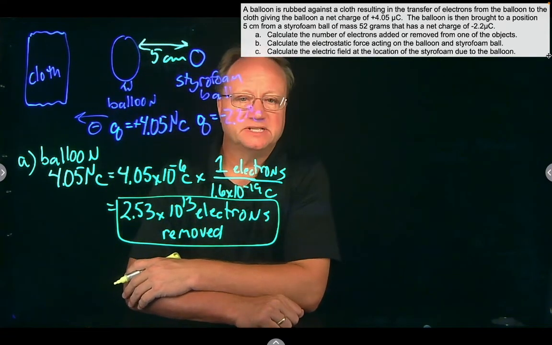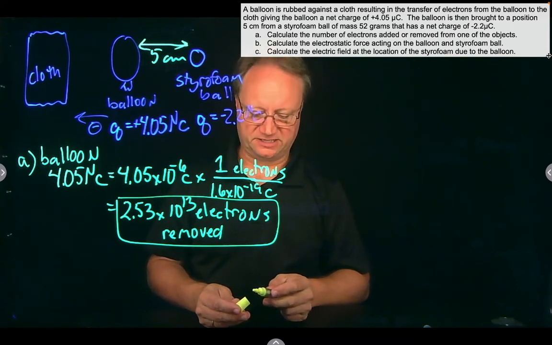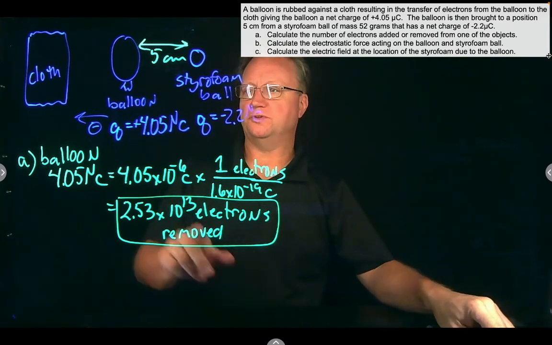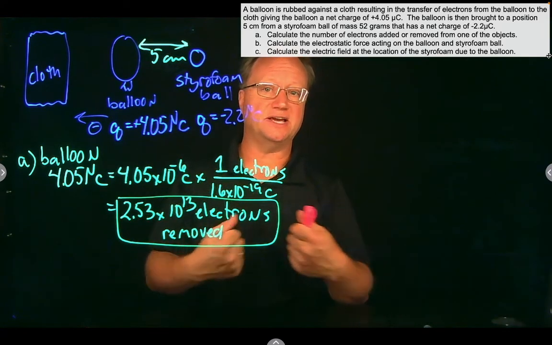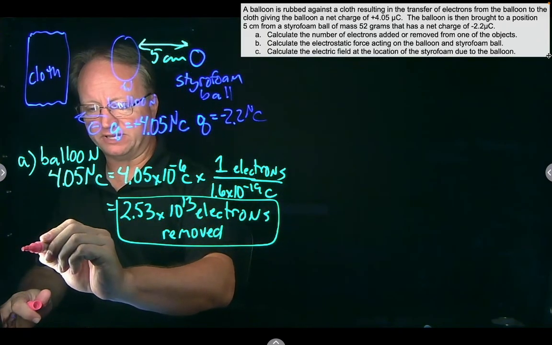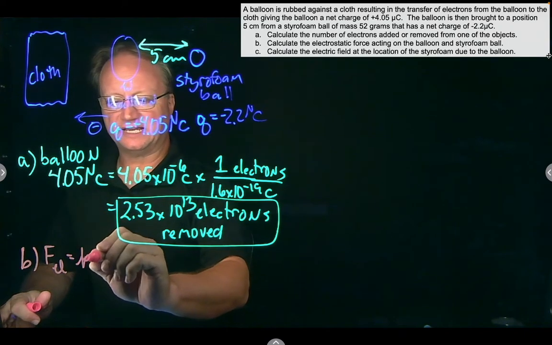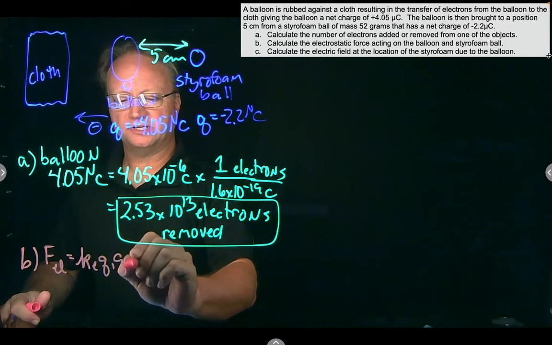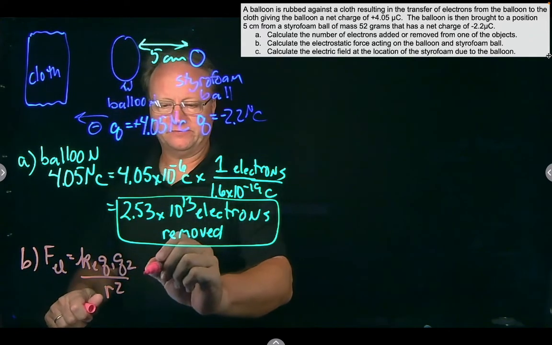Part B, calculate the electrostatic force acting on the balloon and the styrofoam. So the balloon is positive, the styrofoam ball is negative. They will mutually attract each other. So then in part B, if we calculate the force, applying Coulomb's law, that's K Q1 Q2 divided by R squared.